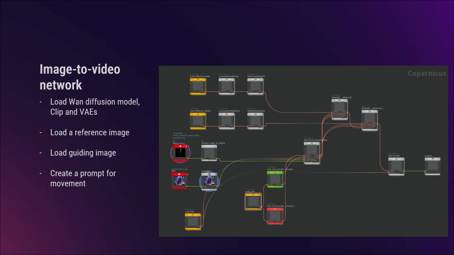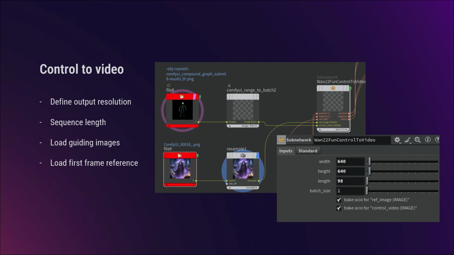This is a network in Houdini. We also are loading unique AI models to do the VAE, the clip, and also the diffusion model. But we also have the red ones, which are bringing image inputs and also our control net data. And the star of the show here is this node called Wan 2.2 Fun Control that allows us to define the output of the video size, but also how many frames we want to generate.